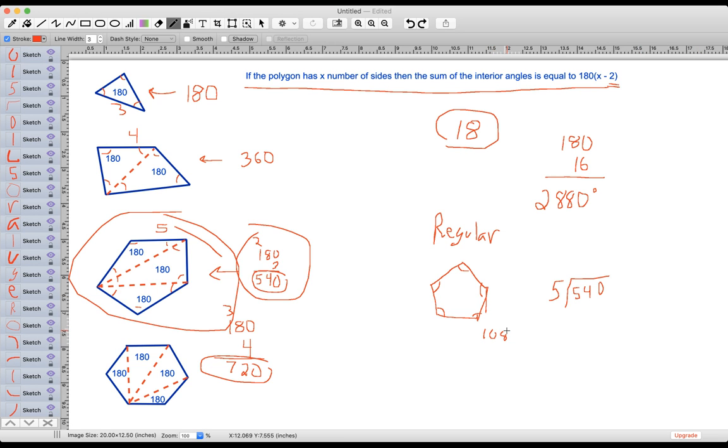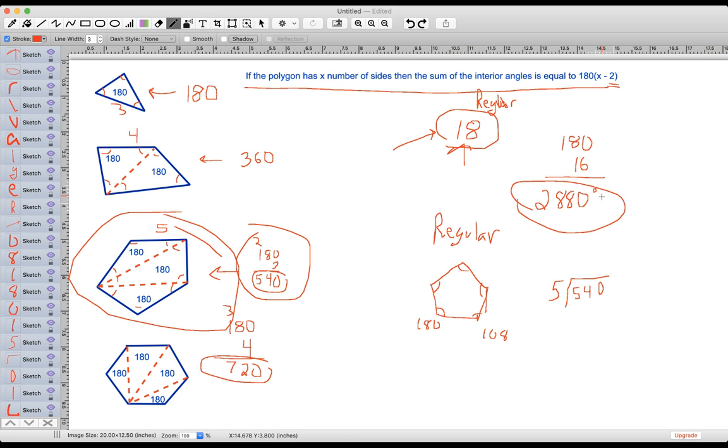And the angles get bigger and bigger the more sides you have. For instance, let's go back up to this 18-sided polygon. If this was a regular polygon, I would take the angle sum that I got by multiplying 16 times 180, and then divide it by 18, because there are 18 angles.